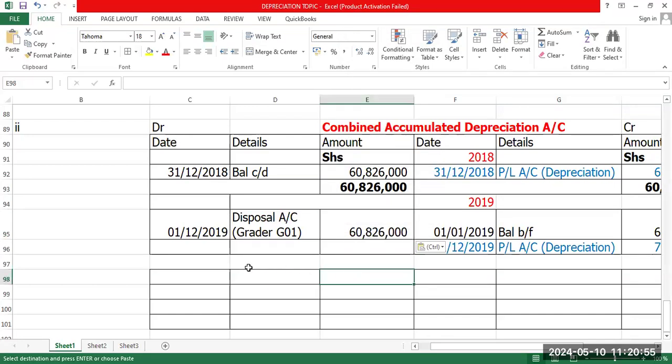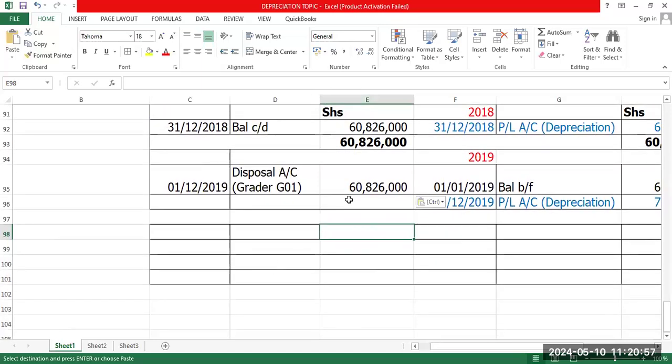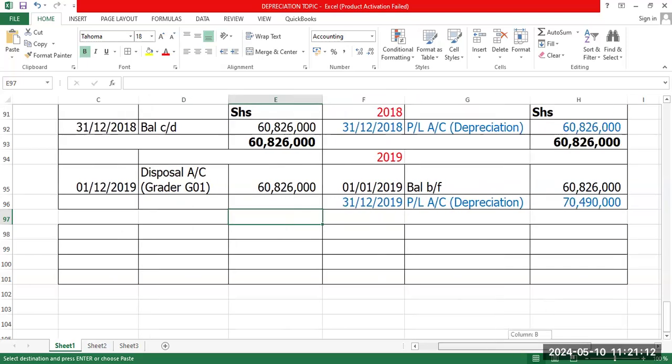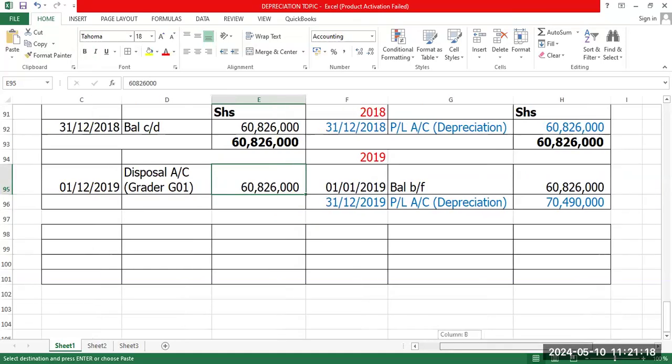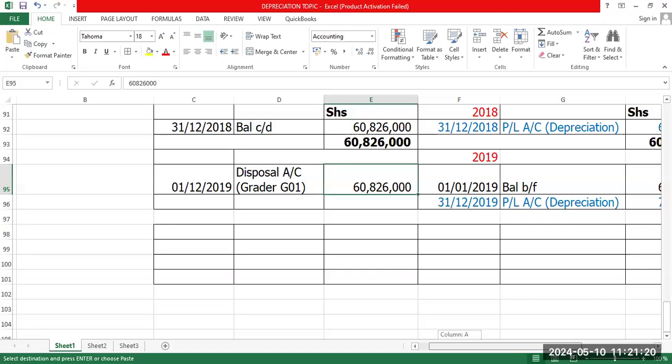Did we dispose of any other asset here? No, isn't it? So we just cross off. We just cross off which side is higher. Yes, please. The disposal, the figure we've picked, I have not quite understood why we picked the depreciation of G01. Why?